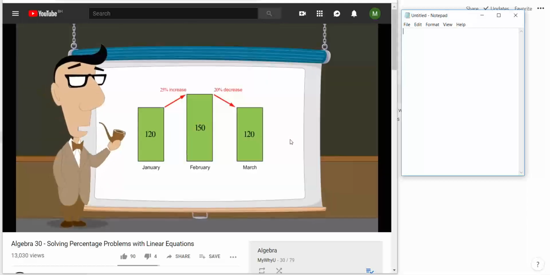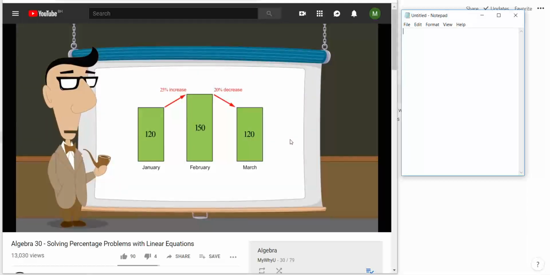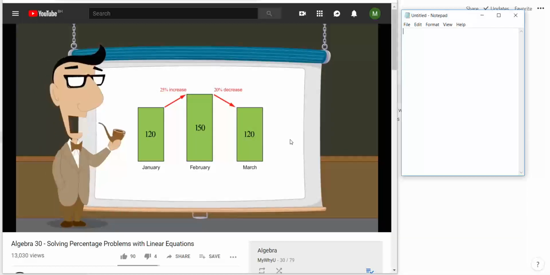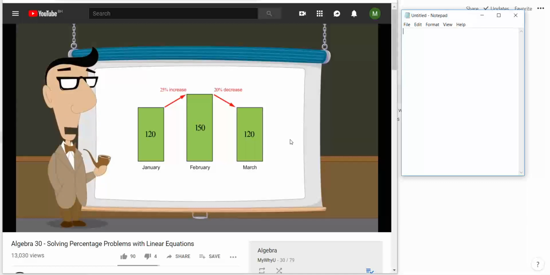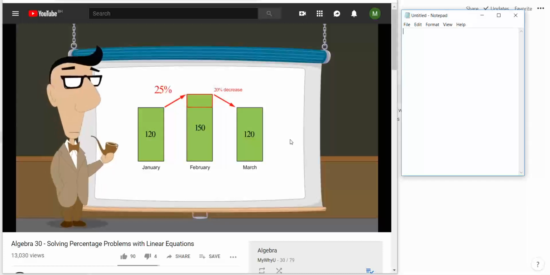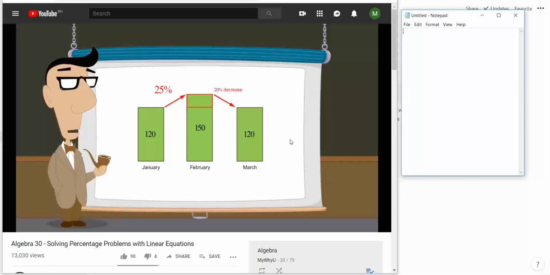Even though the size of the difference from January to February is the same as from February to March, this same value represents a larger percentage of 120 than it does of 150. Therefore, this same quantity represents a 25% increase from January, but only a 20% decrease from February.